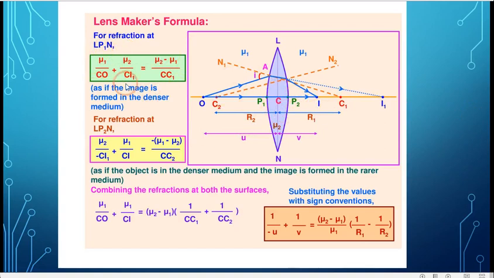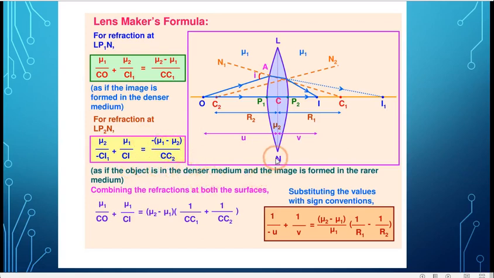Now for LP2N2 we can write, now all of these are positive because this was towards the right side. Now for LP2N2, mu2 upon minus CI1 plus mu1 upon CI is equal to minus mu1 minus mu2 upon CC2.